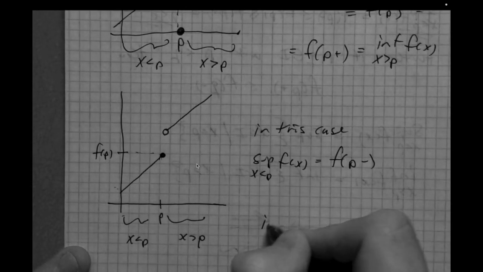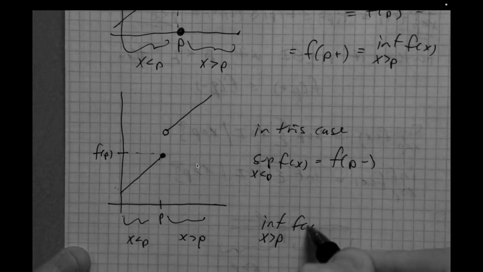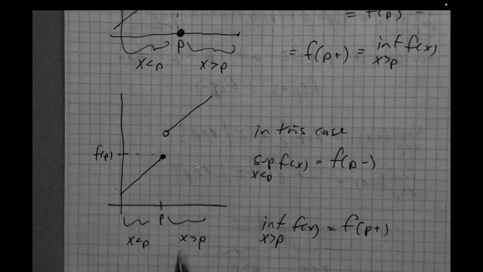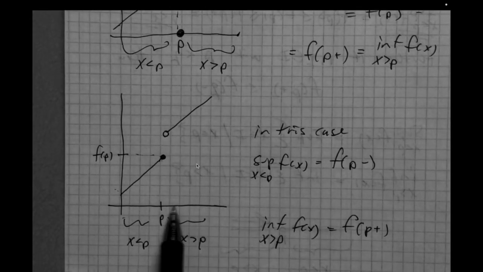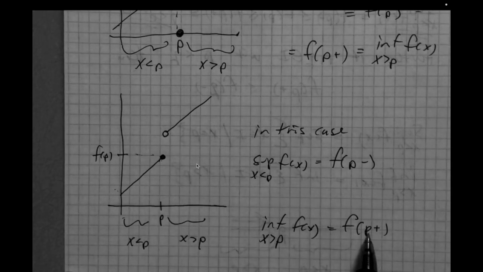That's the infimum of f of x for x greater than p. That's going to be equal to f of p plus. That's the limit. The infimum of this set of numbers over here is the number that's closest to p, and when I evaluate those, I get the right-hand limit.